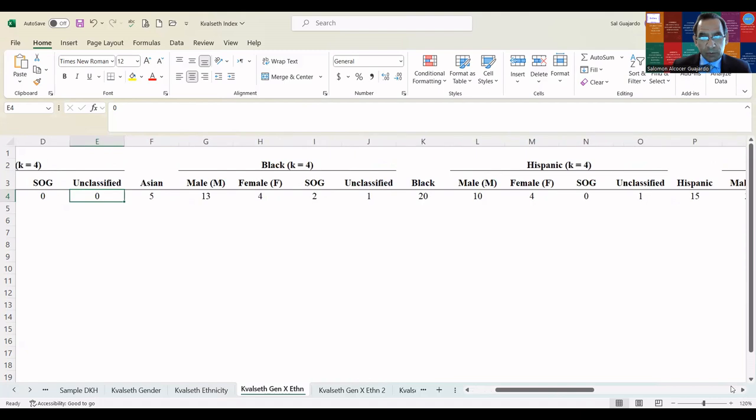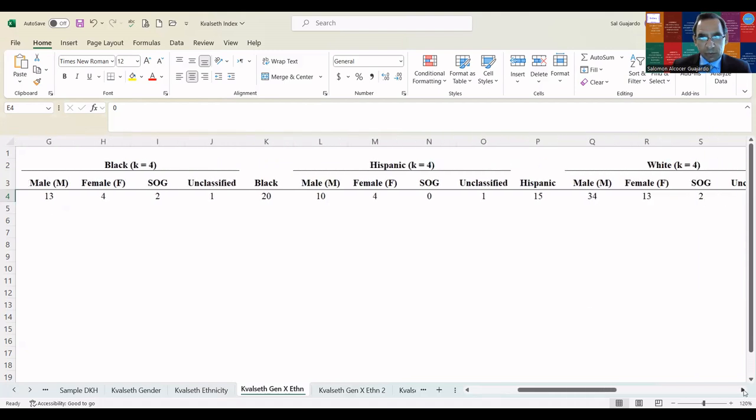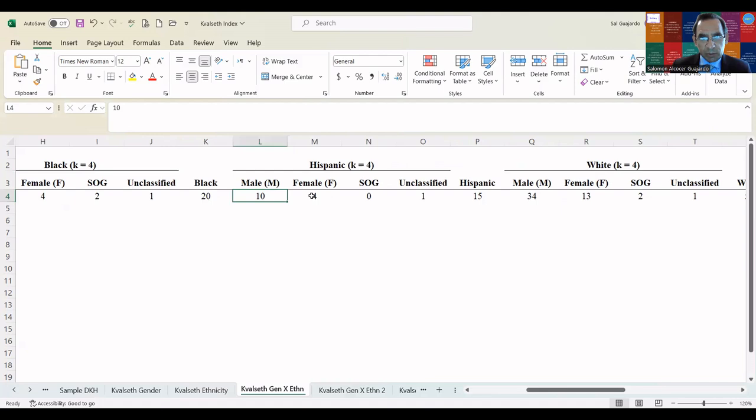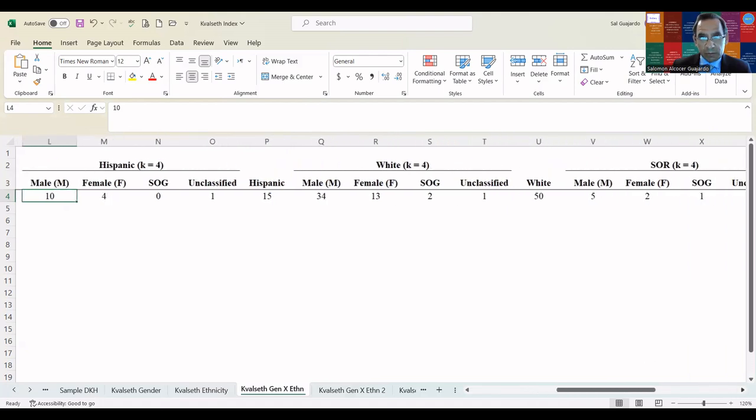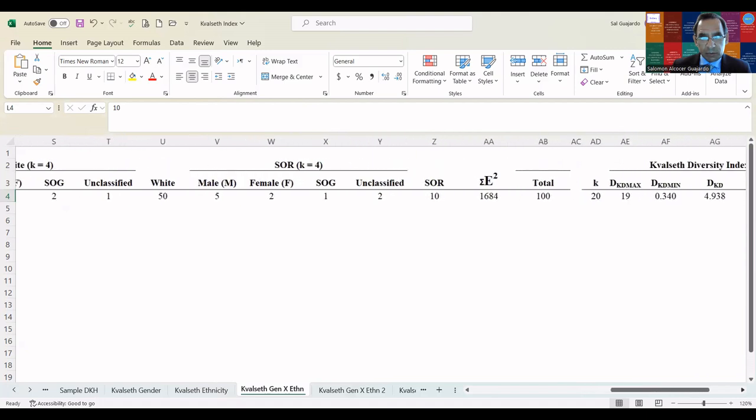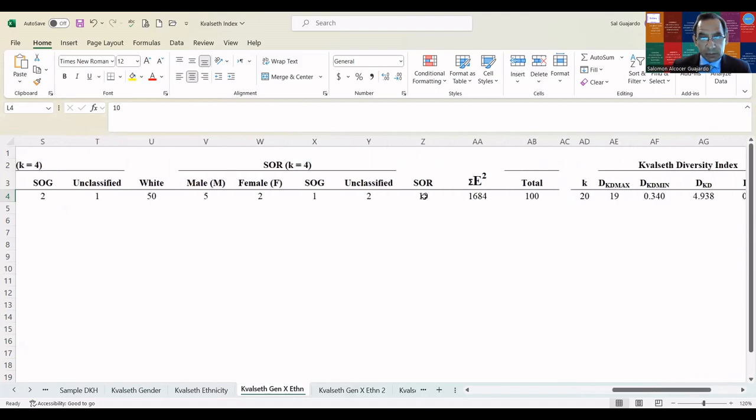Again, I have a workforce of 20 Black individuals. They are distributed by gender. I have a Hispanic workforce of 15 individuals. Again, they are distributed across gender. The same for the white workforce of 50, and the same for some other race, which is composed of 10 individuals. Those 10 individuals, again, are distributed across gender.